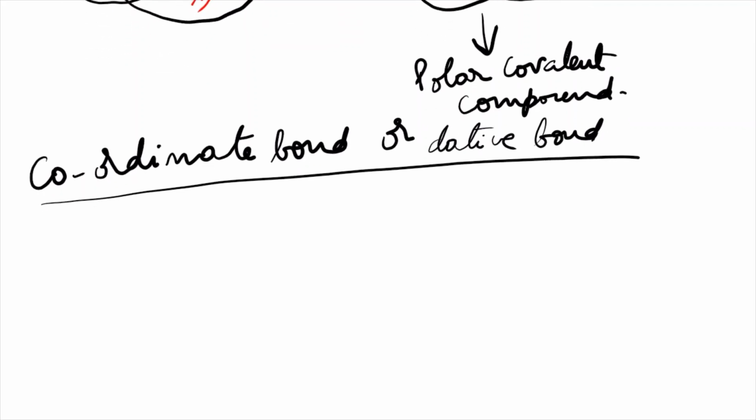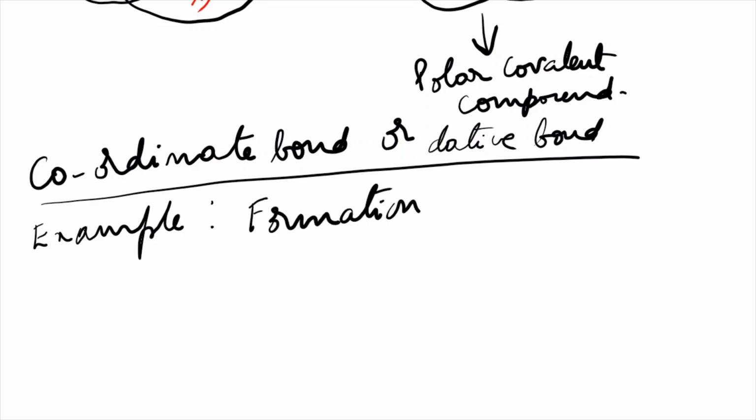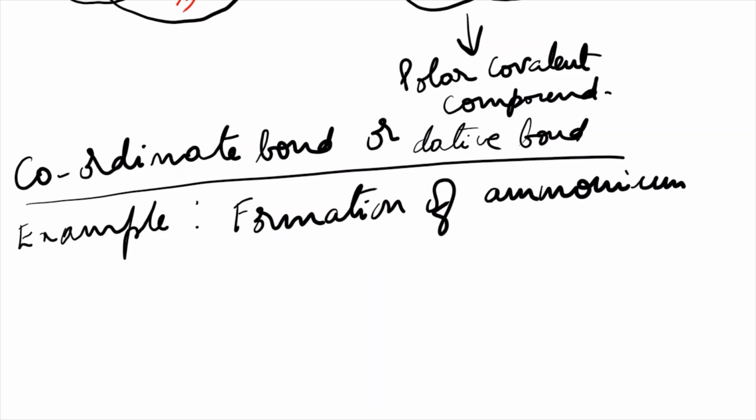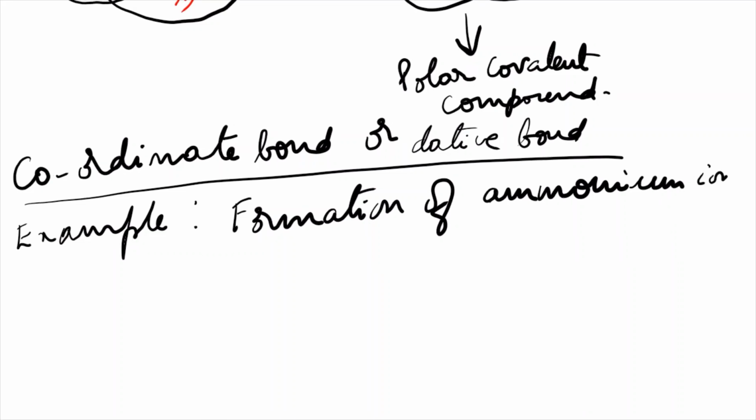Now first I will show you the example, then I will give you the definition, you will understand better. Okay, now let us take the example of formation of ammonium ion. Ammonium ion is NH4 plus. It is different from ammonia.